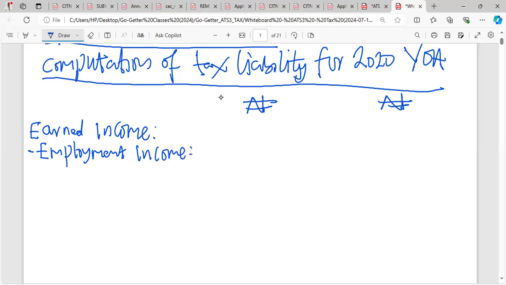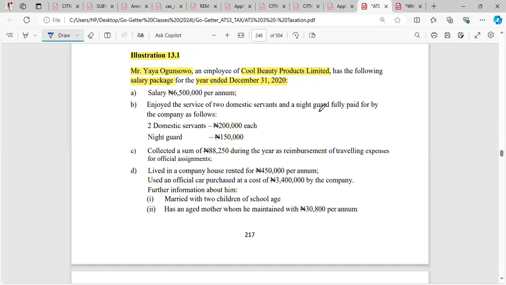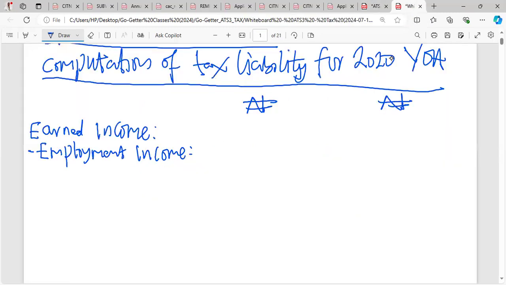Under the employment income, I will now note there is salary of 6.5 million. This is the only thing that is mentioned with cash salary. So under employment income, we have salary here, 6,500,000.